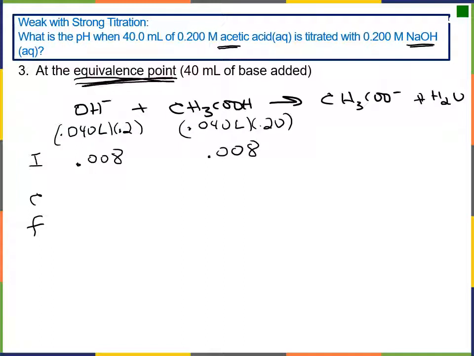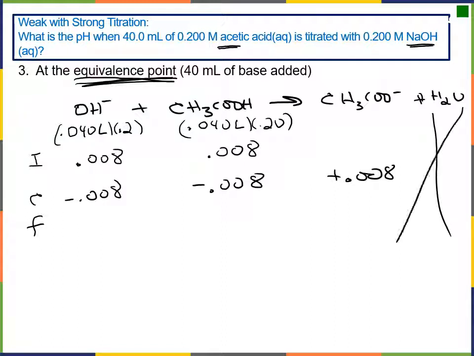Well, that is the definition of the equivalence point. So all of the hydroxide as well as all of the acetic acid are going to react. Don't forget that what that means is we're going to create the equivalent amount of the acetate, leaving us 0 moles of hydroxide, 0 moles of acetic acid, and 0.008 moles of the acetate.